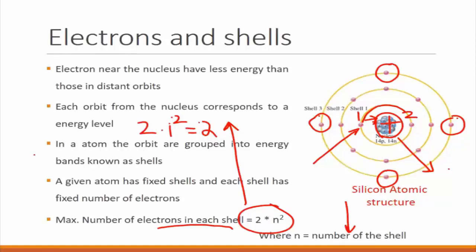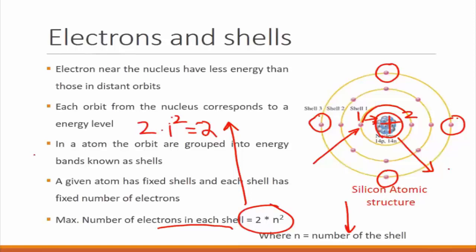So the first orbit can accommodate a maximum of 2 electrons. But silicon has 14, right? So out of 14, 2 will be in the first orbit, and we have the remaining 12 to accommodate.